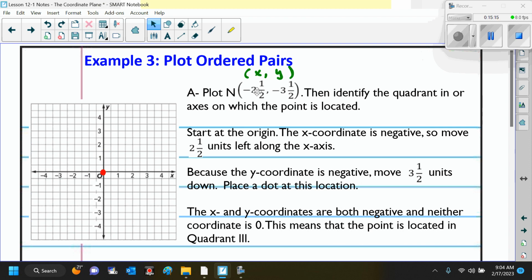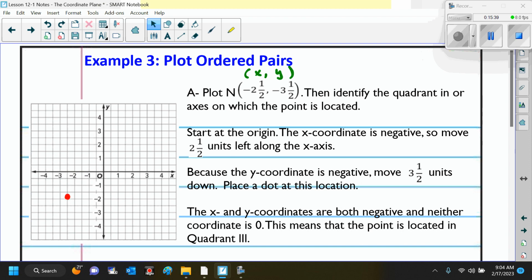Now, because the x-coordinate is negative, that means we're going to move to the left, and we're going to move 2.5 units. So that's -1, -2, and -2.5. So there we are there. Now, because the y-coordinate, -3.5, is negative, we're going to move down. So we're going to move down 3.5 units.